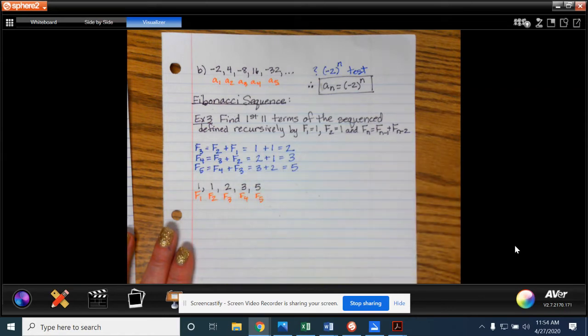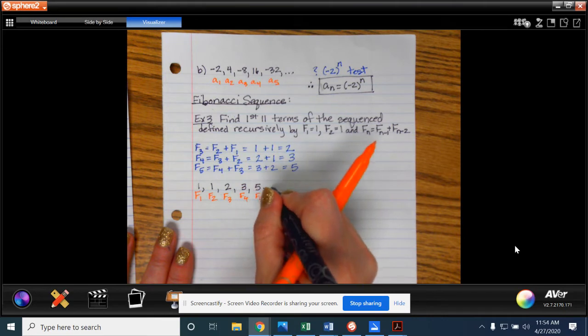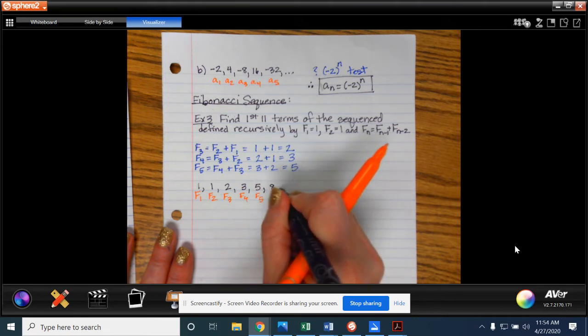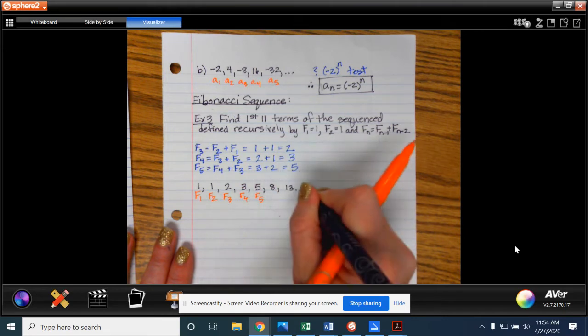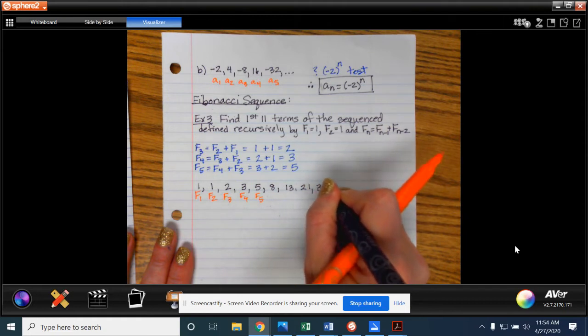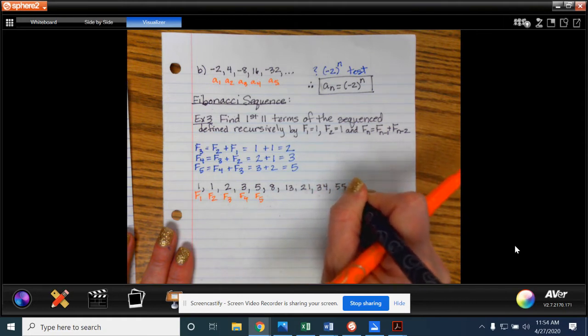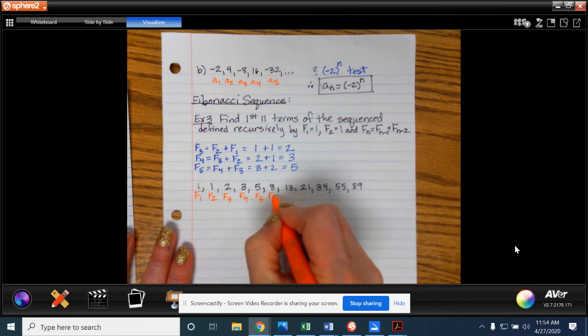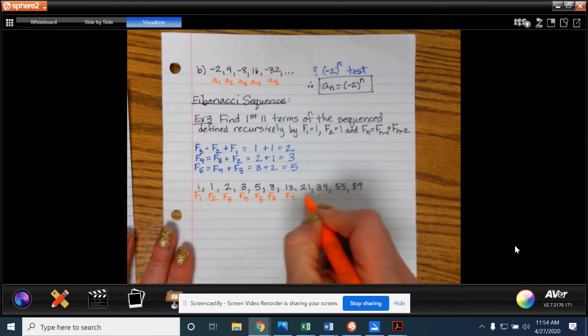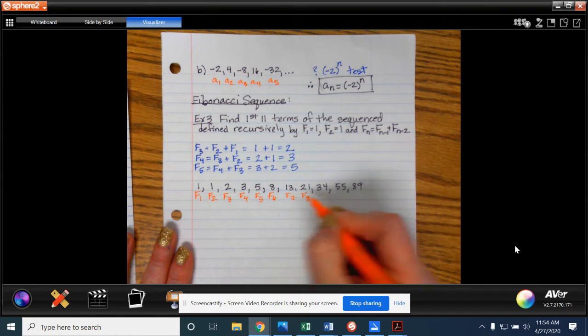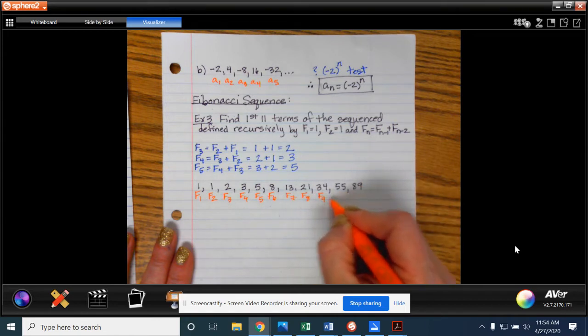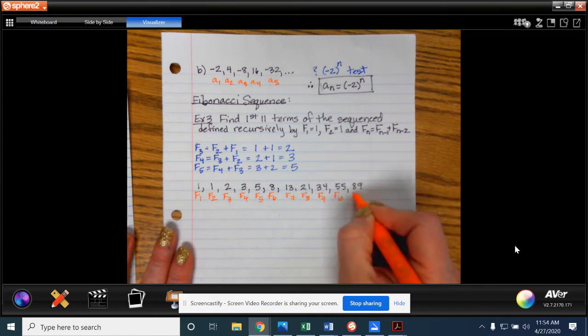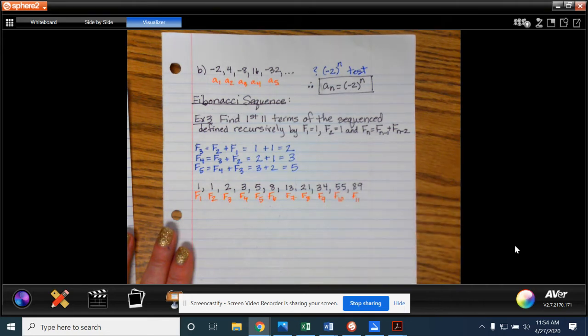And if you continue through, you will find that the next numbers are 8, 13, 21, 34, 55, 89. That's f of 6, f of 7, f of 8, f of 9, f of 10, and f of 11. And that's the first 11.